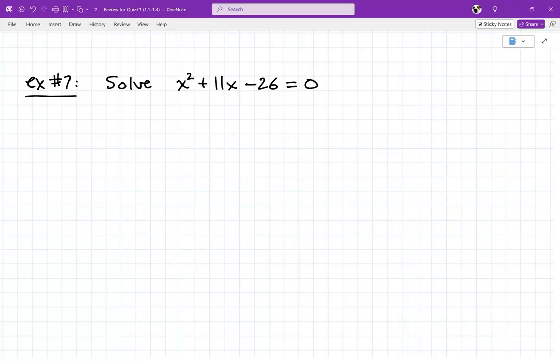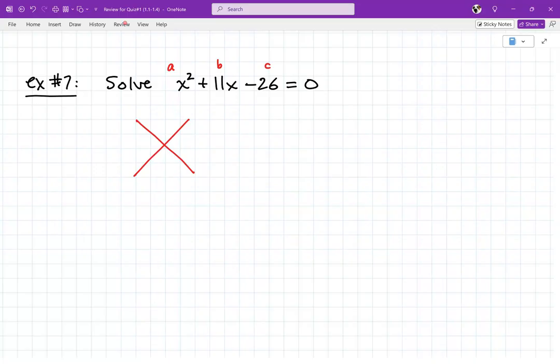This can be written as something squared, x squared, but there's no number that I can square that gives me 26. So it's not a perfect square trinomial. That means it's an x method problem. So I'm going to do an x. This is my A, my B, and my C.